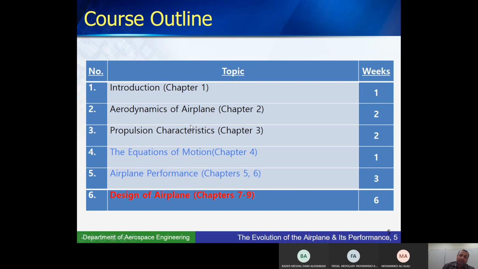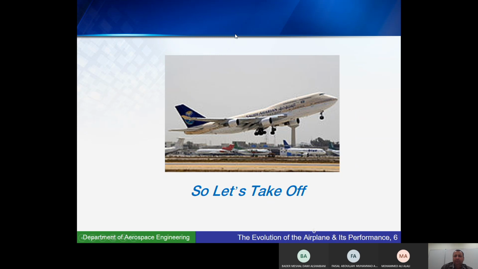So basically, I'd like to think of it as a performance course, but it's aimed towards the design of the aircraft and giving you the necessary means for the more comprehensive course, AE 427.